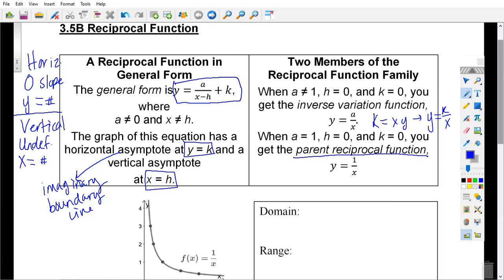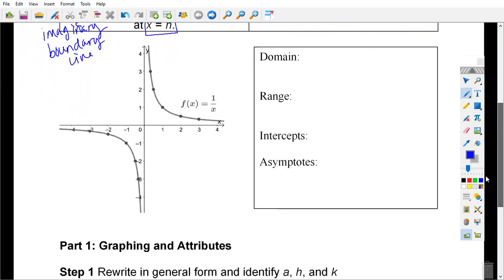So what we have graphed here is our parent reciprocal function. You can use a dashed line or a highlighter, whichever you want or have, but we're going to highlight our asymptotes. So our vertical asymptote, a lot of people get confused and want to say it's at y equals, but vertical means that it's going to be in x. So this is at x equals 0.